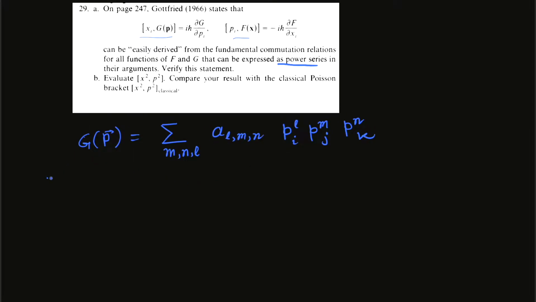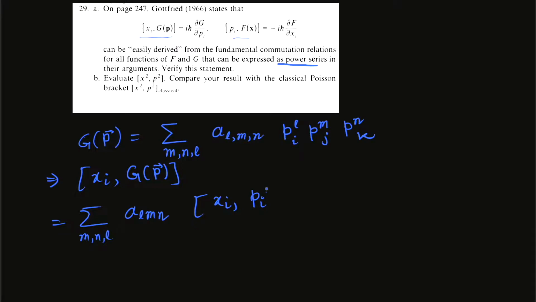Now let us see what is the commutation between x_i and g(p). It will be the sum over l, m, n of a_lmn [x_i, p_i^l p_j^m p_k^n].